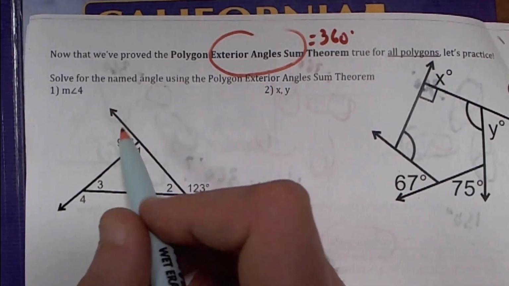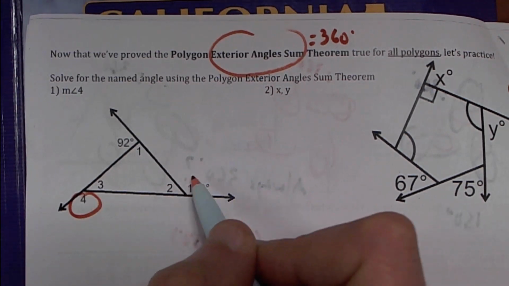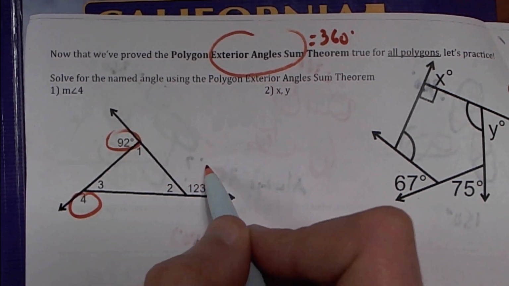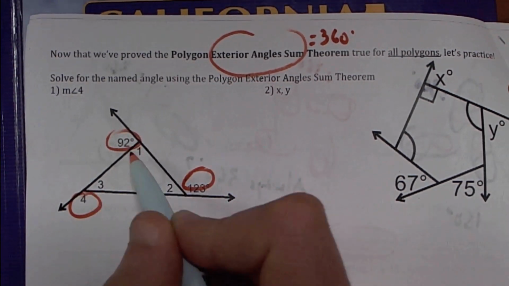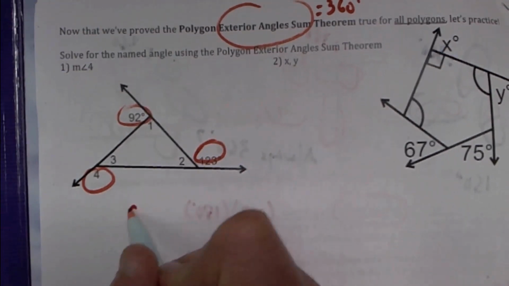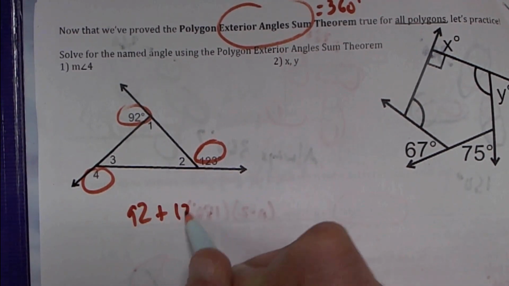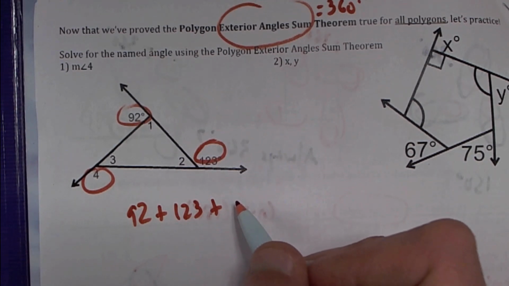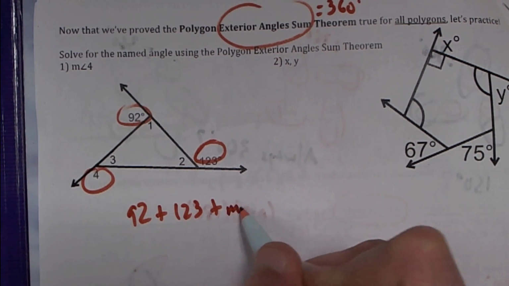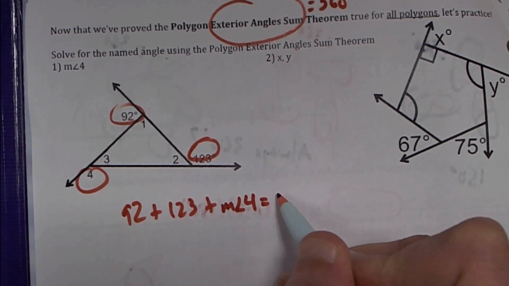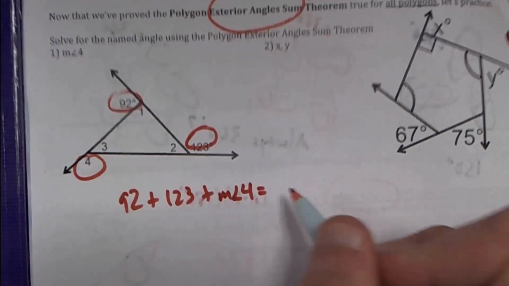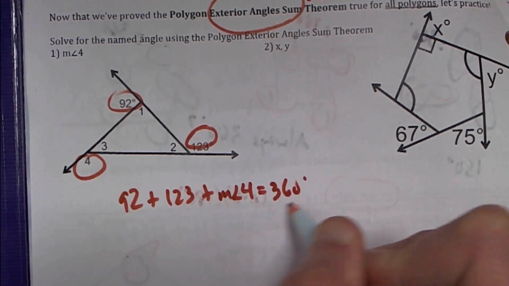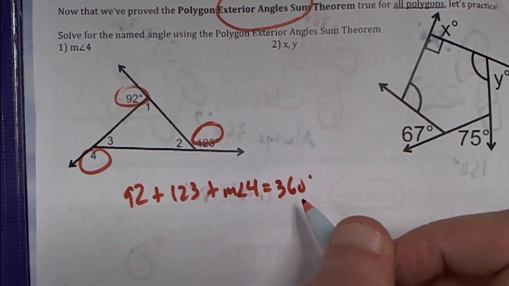I don't have to know what these other angles are. I could just say that 92 plus 123 plus the measure of angle 4 equals, not 180, I'm talking exterior angles here, 360. And again, it's always 360 if it's 3 sides, 4 sides, 10 sides, it doesn't matter.